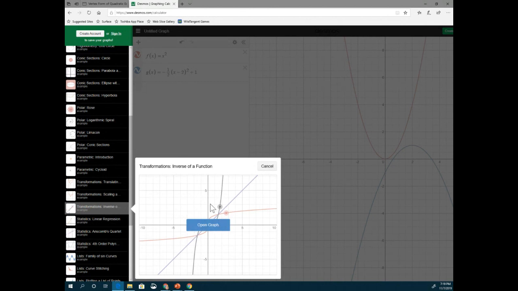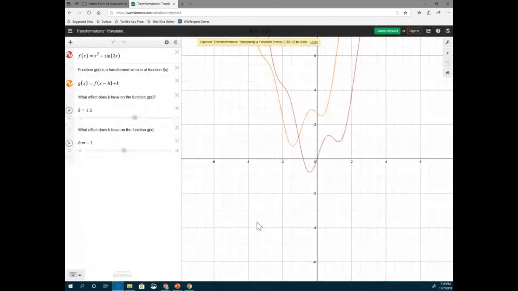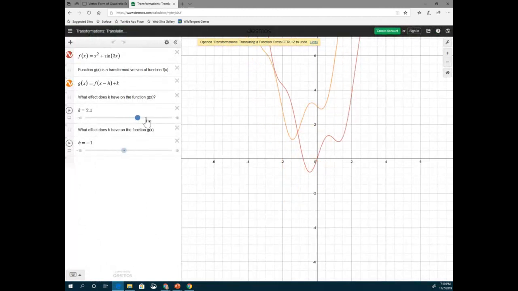Inverses, we did talk about inverses. Let me just open up one of these. It shows you if I move k, that's the up and down. And if I move that x or that h value, you can see that it moves left and right. These are really cool, just so you can see the different shapes and how they get changed.